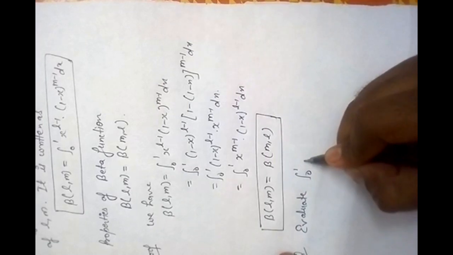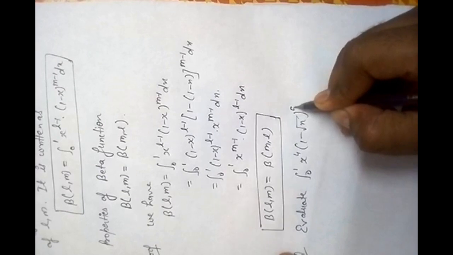Questions: evaluate integral 0 to 1 x power 4 times 1 minus root of x power 5 dx. Let root of x is equal to t, which implies x is equal to t square, so that dx is equal to 2t dt.